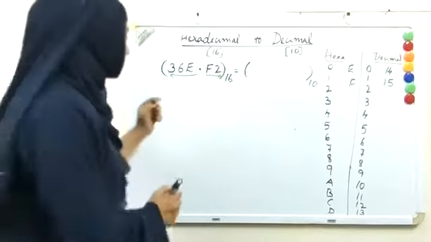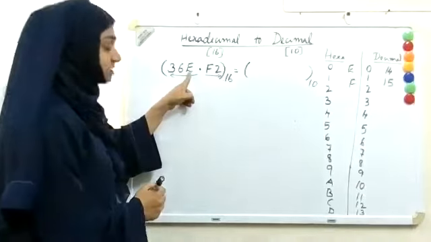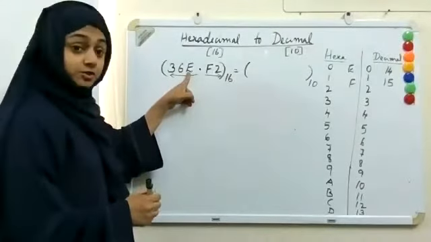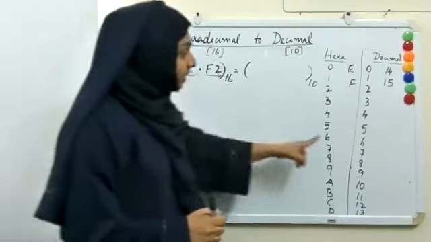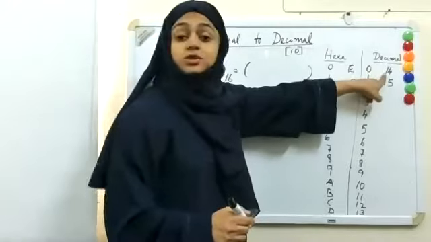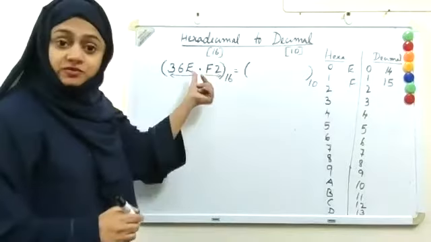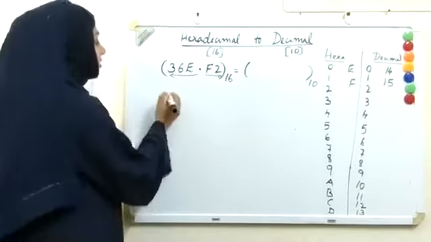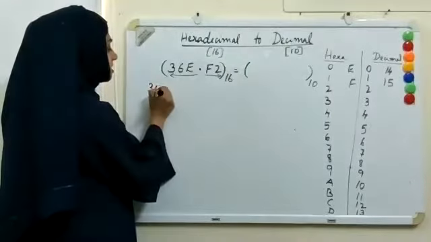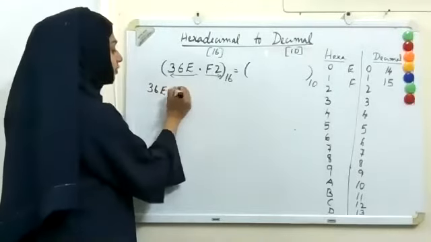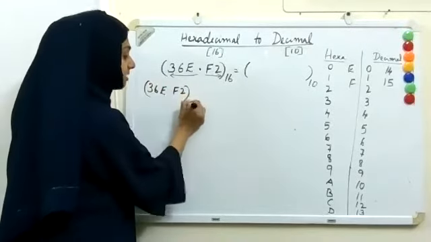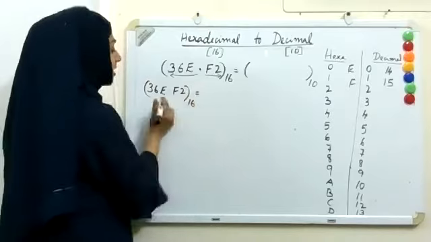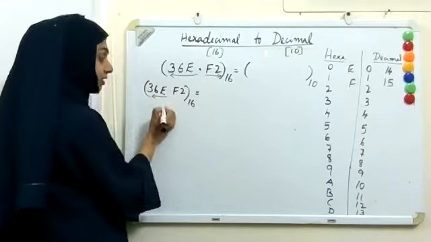So let us see. First, we have to take this digit. It's E. So we will take the counterpart in decimal, which is 14. So instead of E, I have to write 14. So 36E point F2 to the base 16 is equal to, I will start from here and go in this direction.